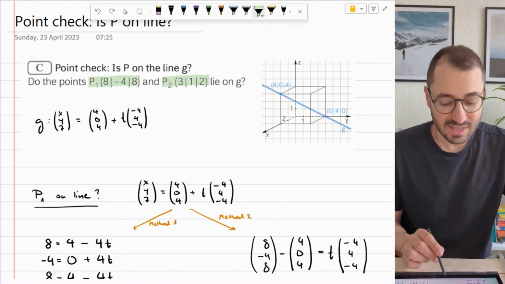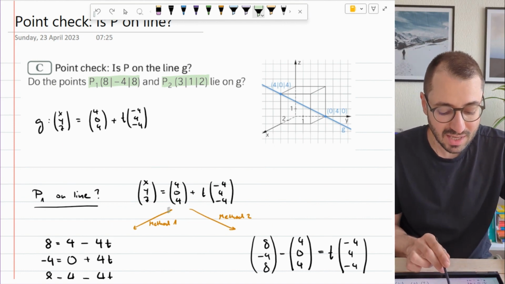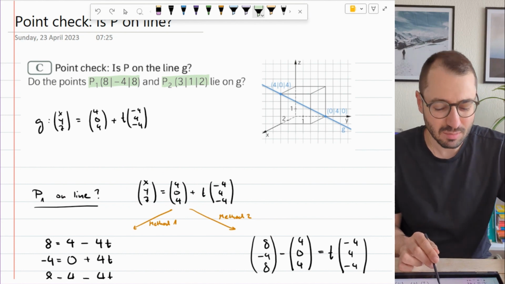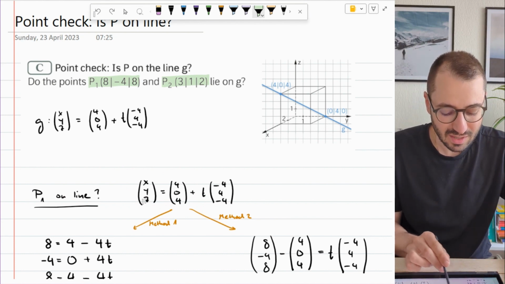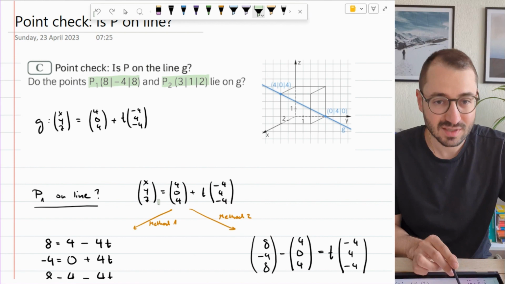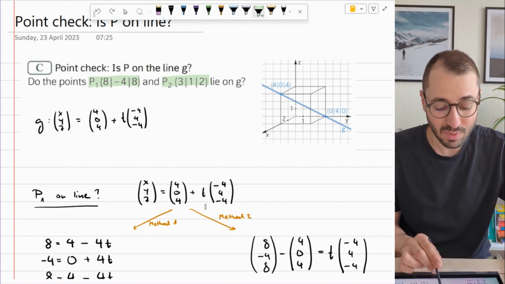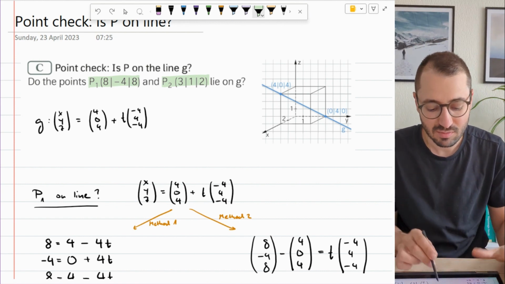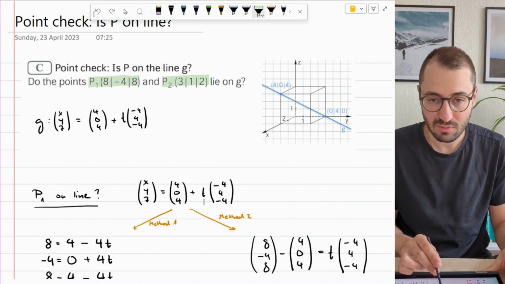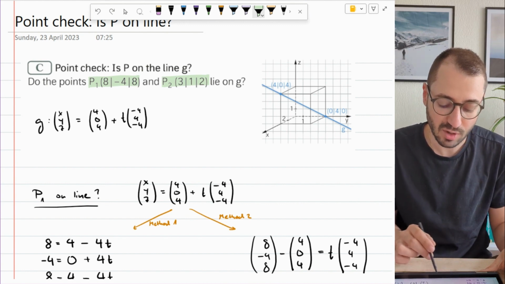To answer that question, let's quickly repeat what this point direction form really means. It gives us points on the line by varying the variable t. For different values of t, we get different points.